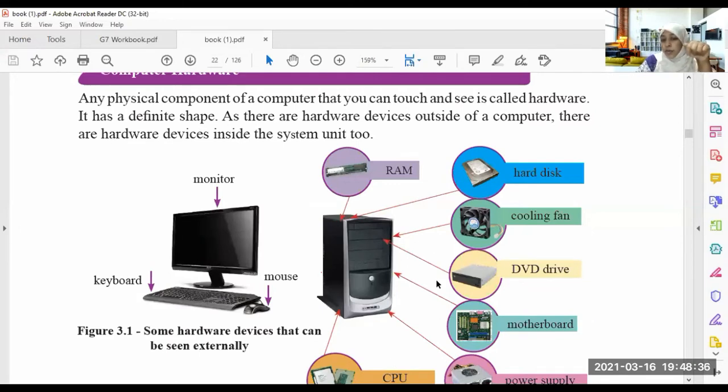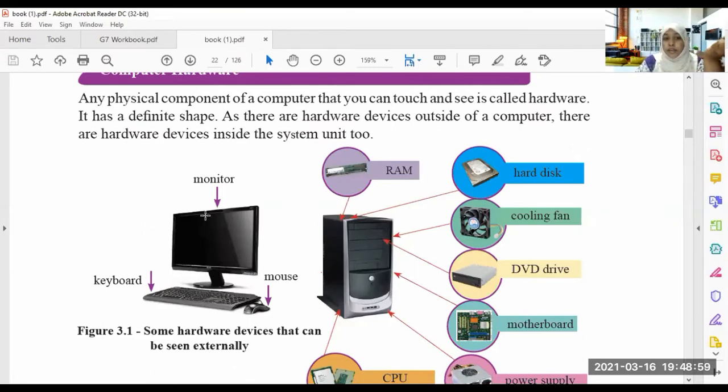This is the system unit. So the physical components of the computer system, the hardware: there is hardware which we can see externally, from the outside. Also, there are hardware devices inside the computer. These are internal hardware devices.